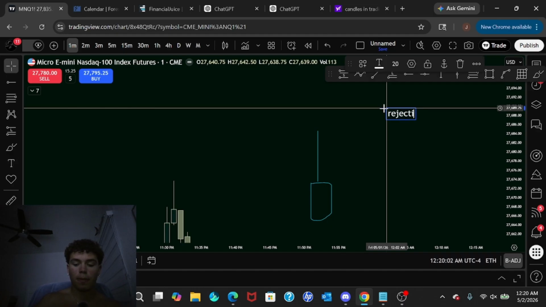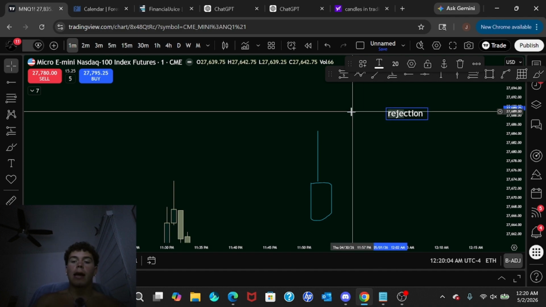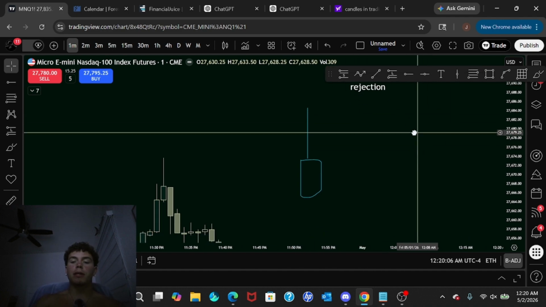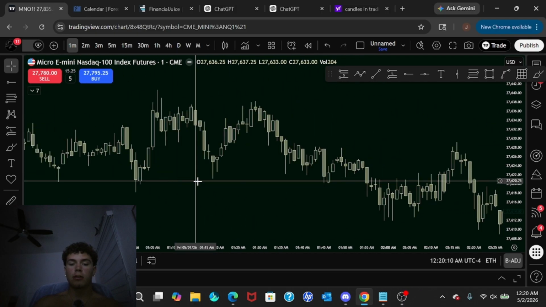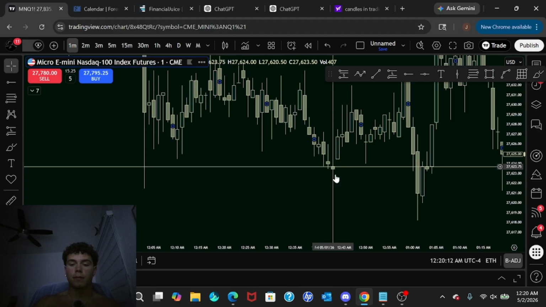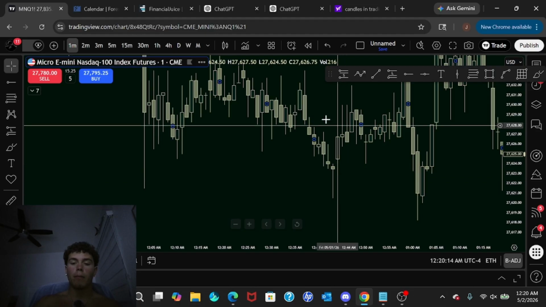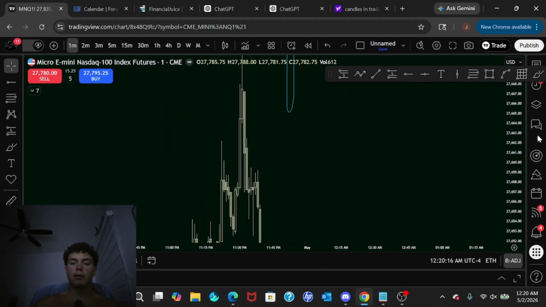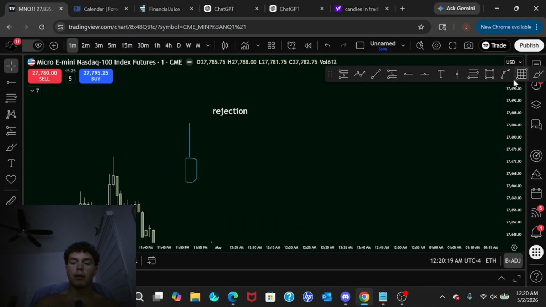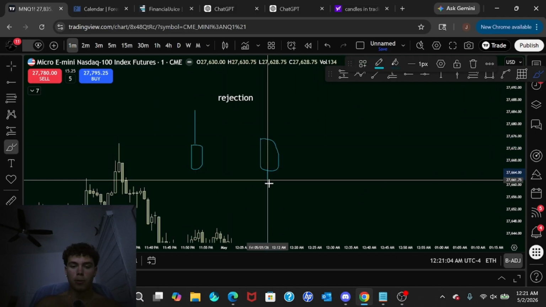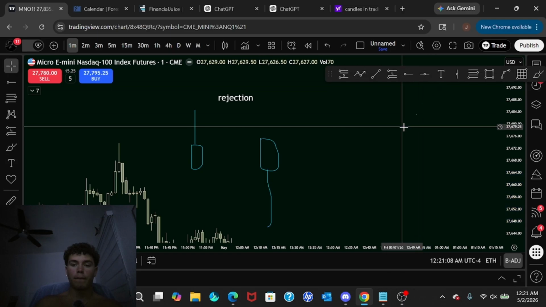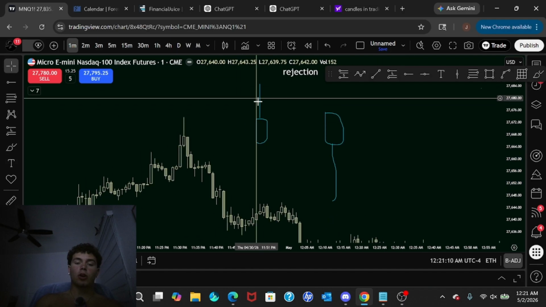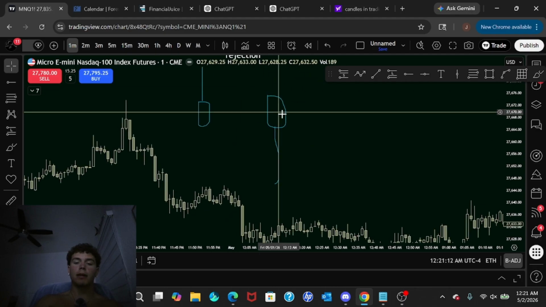Rejection. Rejection could be to the upside like this, or it could be to the downside, something like this. Small body, bigger wick. It can look something like this as well. So you have a small body and a big wick. This is called rejection. Rejection can happen to the upside or to the downside.